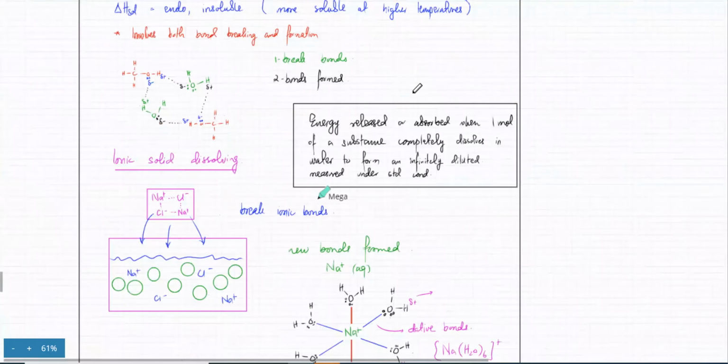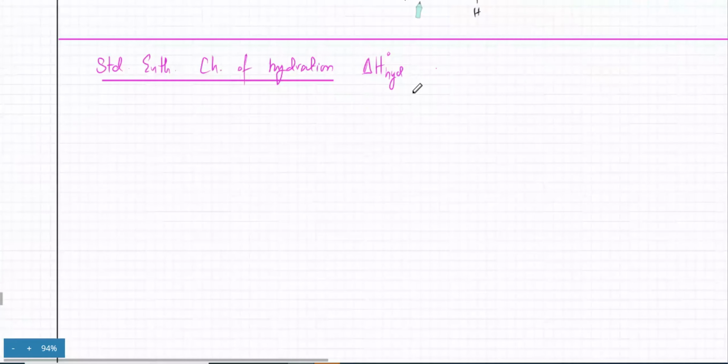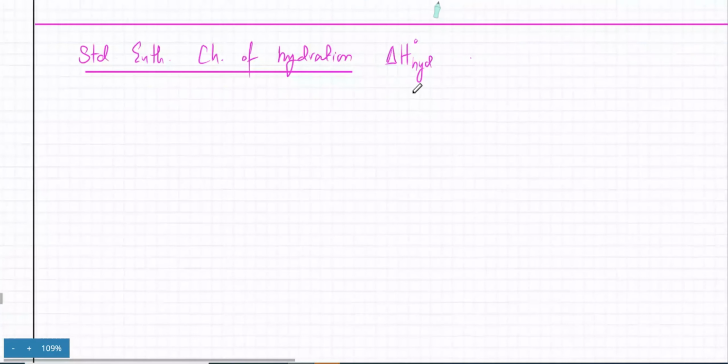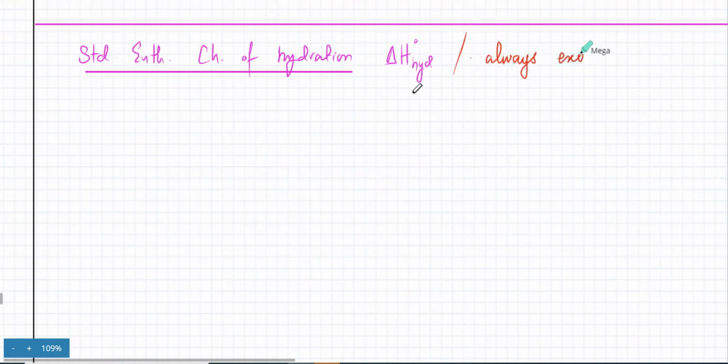So next is standard enthalpy change of hydration. So what is standard enthalpy change of hydration? It's exactly what I just explained. First thing, it's always exothermic, and it's always for gaseous ions.